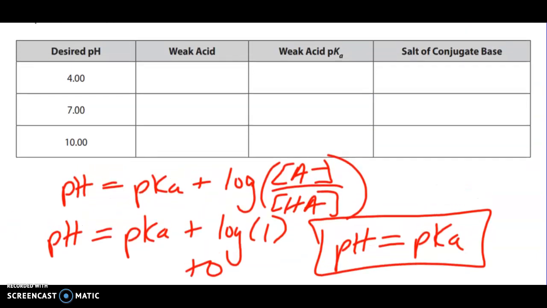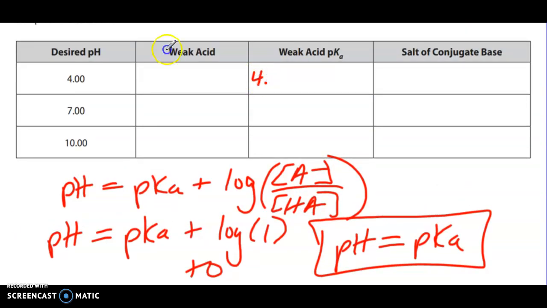So imagine we want a pKa of 4. We would want to find what the Ka value is that would be closest to give us this. To figure out the Ka value, remember P of anything, to go in reverse, you can do 10 to the negative pKa to give us the Ka value.